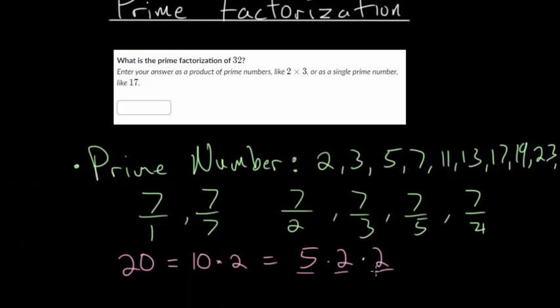2 is really just a product of 2 and 1. But we're not going to include 1 in this list because 1 is not a prime number. And we want each number to have a unique prime factorization. So every number is going to be different. 20 is the only number that is a combination of 5, 2, and 2. There is no other number that has this prime factorization.